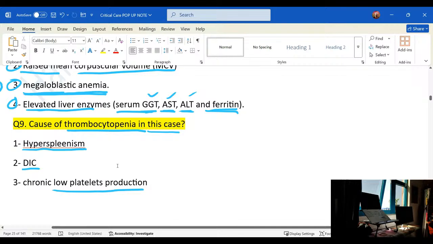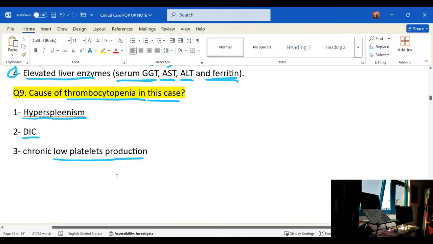Because of dilution and hypersplenism, more platelet breakdown, DIC, chronic low platelet production, and hemodilution.